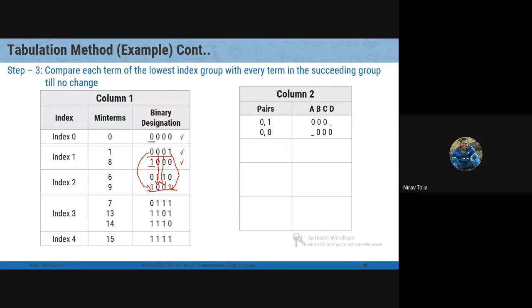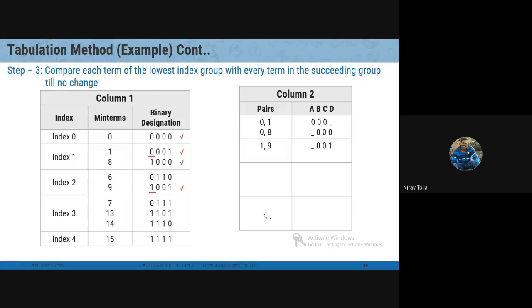Only A is changing from 0 to 1. So now there is a pair of 1 and 9, and only A is changing from 0 to 1. So for the bit which is changing, put a dash there. So A is changing, all the other three remain same, and the value is -, 0, 0, 1.